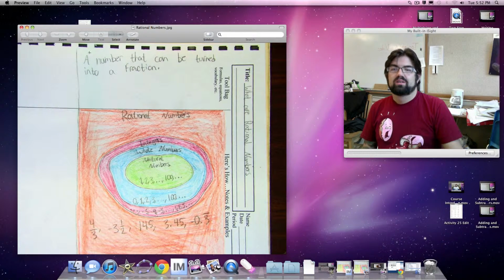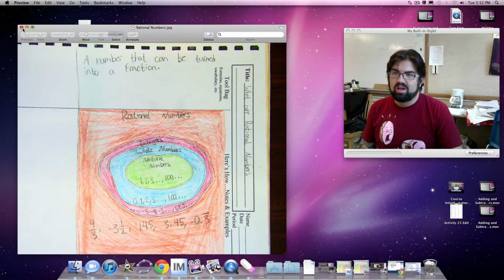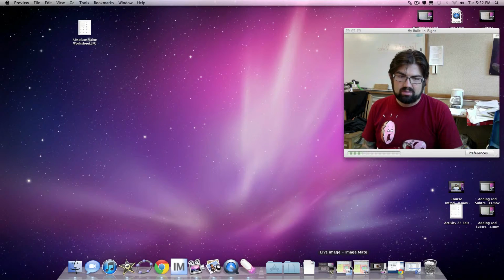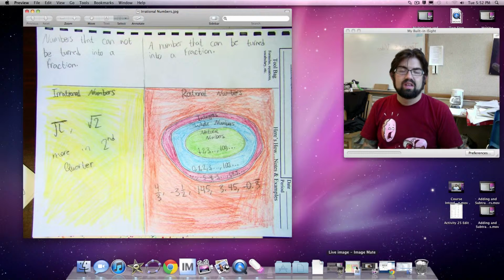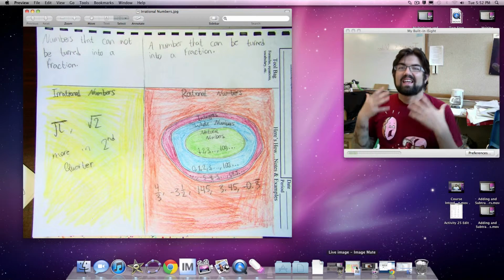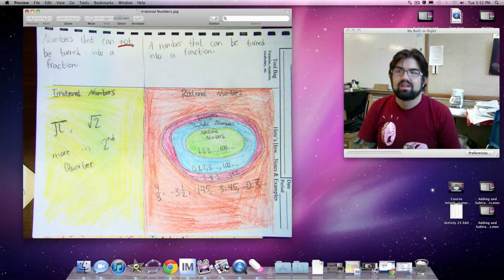Okay. And I'm going to go even a step further. What's the opposite of a rational number? Well, the opposite of a rational number is called an irrational number. And those are numbers that cannot be turned into a fraction at all. Ever. Period.